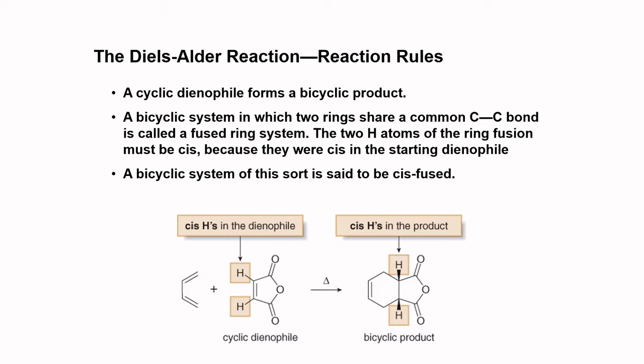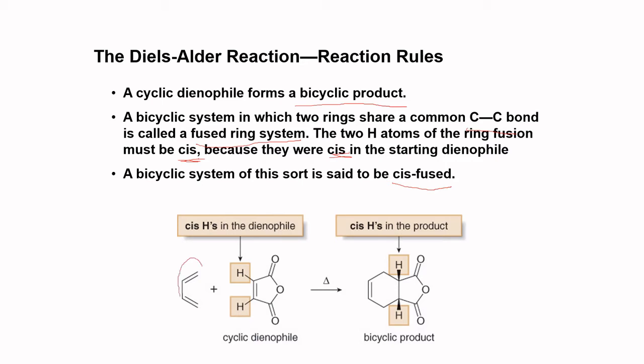A cyclic dienophile can form a bicyclic product. A bicyclic system is one in which two rings share a common C-C bond, which is called a fused ring system. The two hydrogen atoms of the ring fusion must be cis, because they were cis in the starting dienophile, and a bicyclic system of this sort is said to be cis fused. Let's take a look at the example.